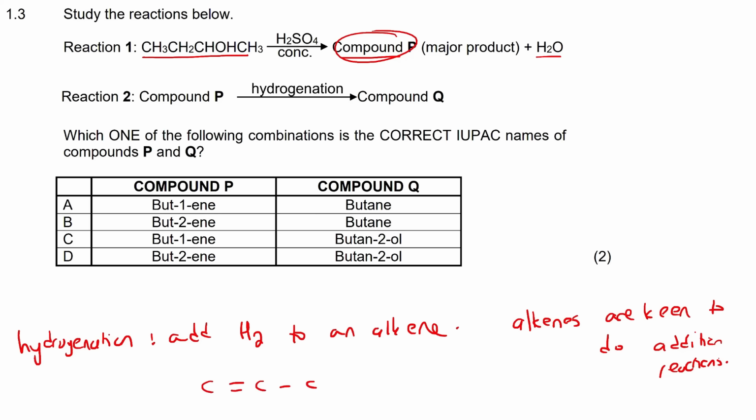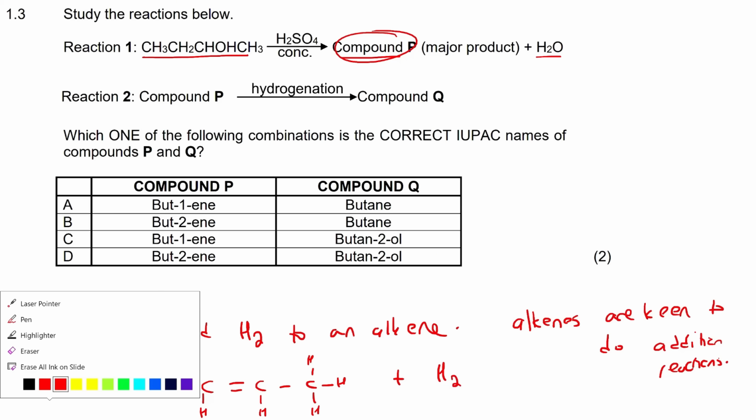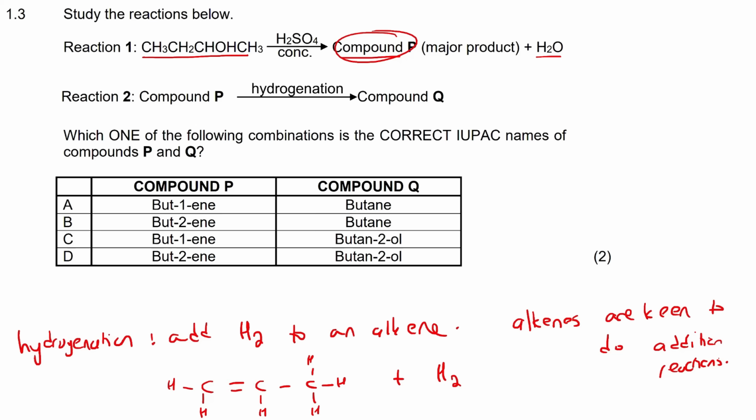If we have an alkene like that, let's go fill in all of its hydrogens. Okay, so there is an alkene. So what happens is that if you react that with hydrogen, then this little double bond here would break, and then you would form 2 open spots over there, and then this hydrogen, remember it's H with another H, one of them would go there, and one of them would go there.